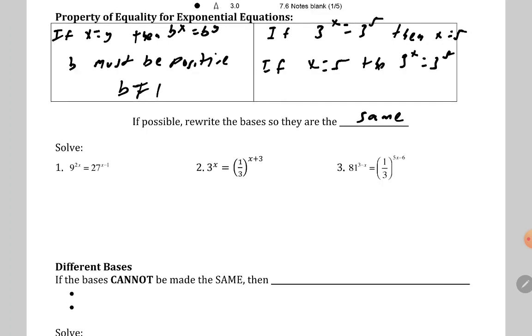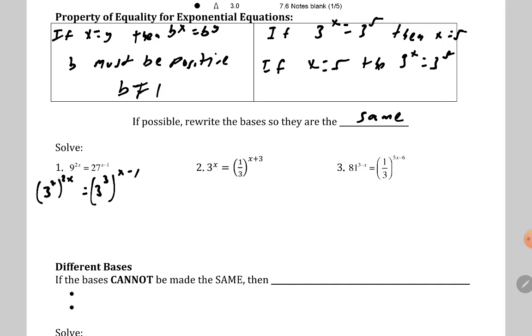Alright, so we have 9 to the 2x equals 27 to the x minus 1. Let's try to rewrite the bases so that they're the same. 9 as a base can also be written as 3 squared. So this is 3 squared to the 2x equals 3 cubed, that's 27, to the x minus 1.